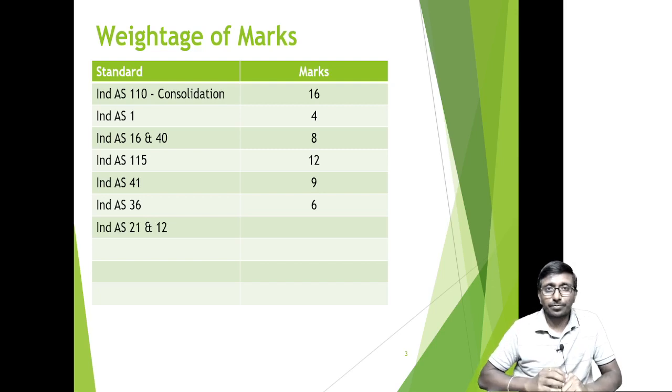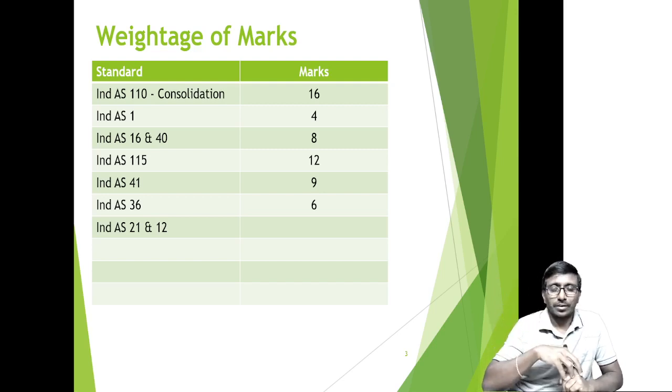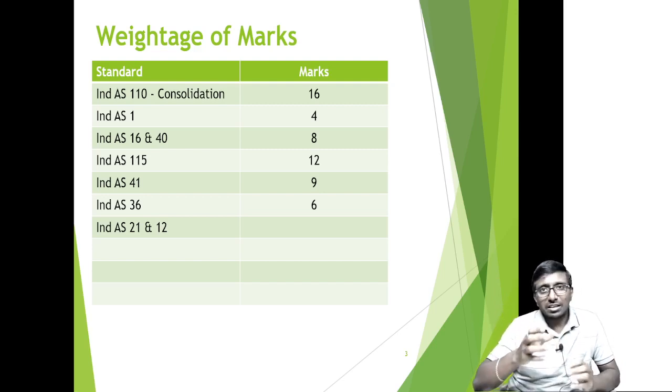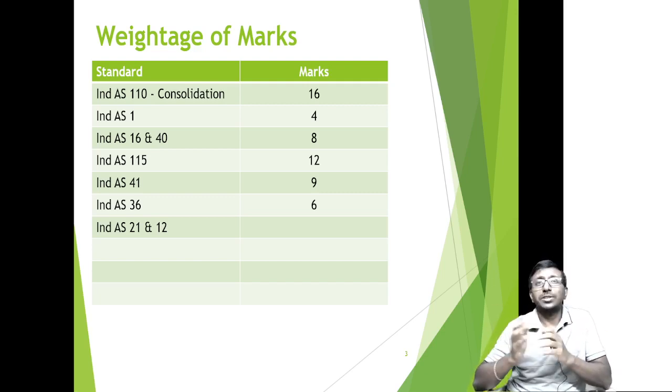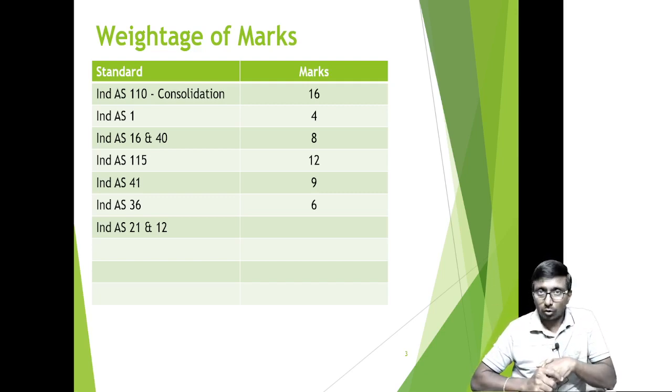Let's come to the next question, which is asked on Ind AS 21 plus 12. Actually, I should say not only 21 plus 12, it should be plus Ind AS 110, because it is a transaction between the parent company and the subsidiary company. The parent bought goods from the subsidiary company.